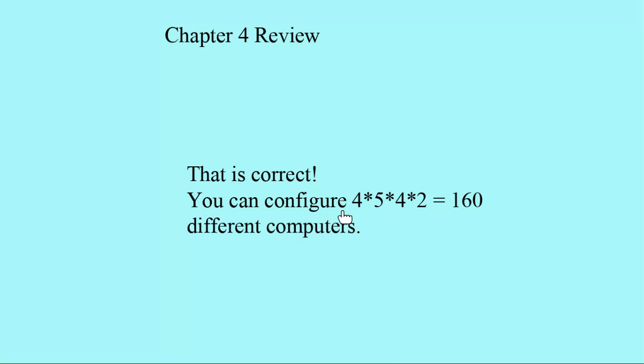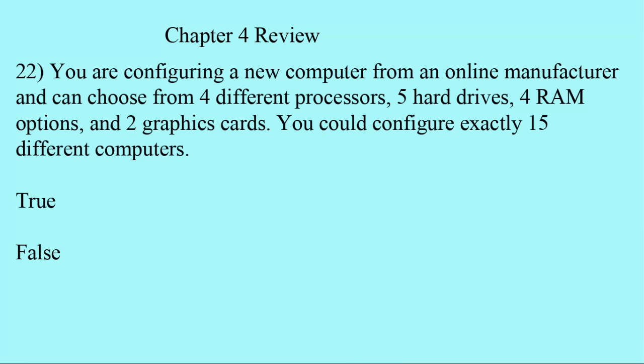This is how many you configure. It's 4 times 5 times 4 times 2 equals 160 different computers. You multiply instead of adding, okay? When you want to find the maximum number of combinations. Does that make sense to you? Okay, because if you remember in some of the videos, they're talking about probability.